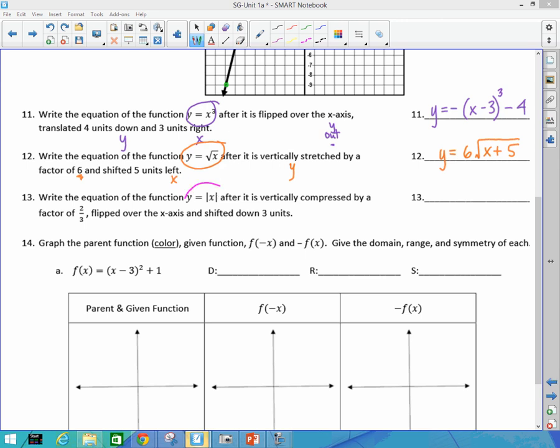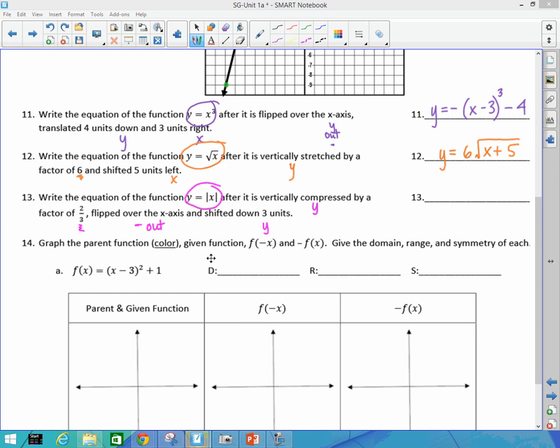Okay, let's look at number 13. We have y equals the absolute value of x, vertically compressed by a factor of 2/3. So again, that's still your y factor. You're going to multiply by that number. You're flipped over the x-axis. We just did that up here, so that's a negative on the outside. And then it's shifted down. Again, that applies to the y.